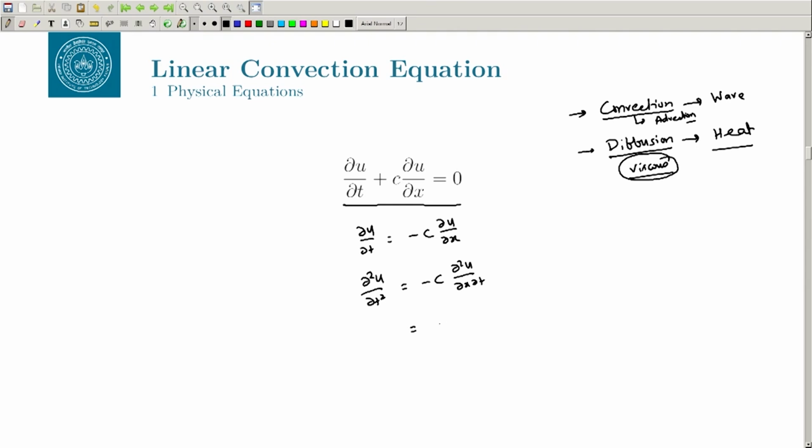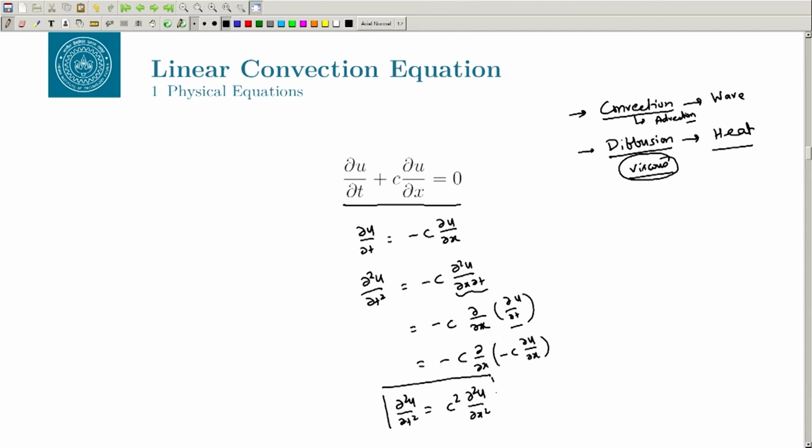Then you can interchange the derivatives to become c del by del x of del u by del t, and this del u by del t is nothing but minus c del u by del x, which is nothing but c squared del squared u by del x squared. So, del squared u by del t squared is equal to c squared del squared u by del x squared.